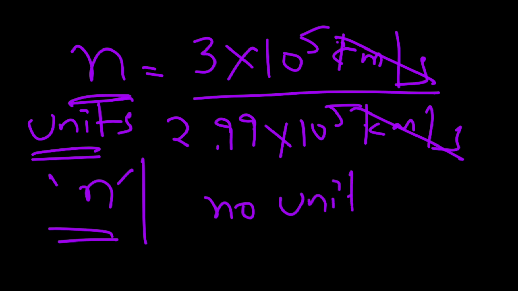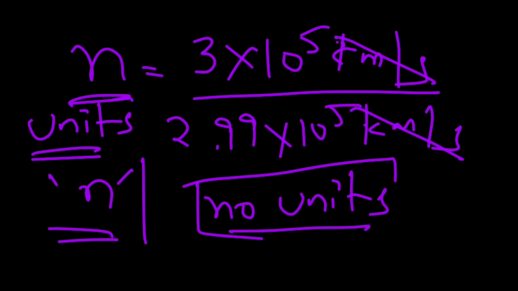This is a most important question for 10th class, because they always ask what the units of refractive index are. Don't write any unit, because it is the ratio of two similar quantities, both speeds: the speed of light in vacuum and the speed of light in a particular medium. Did you get it? Okay.